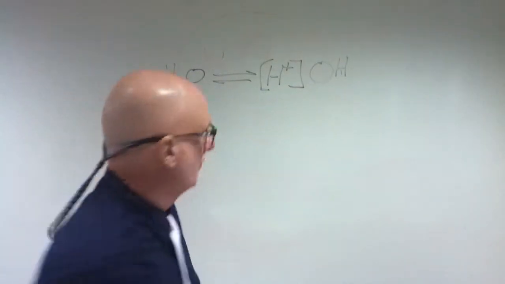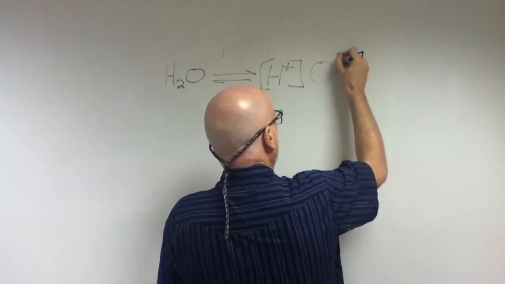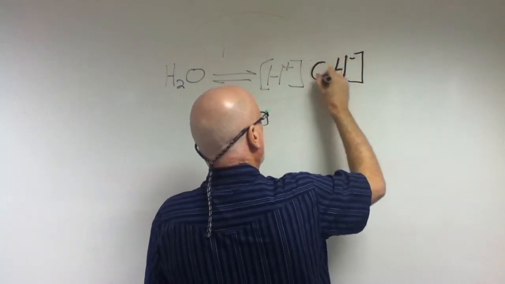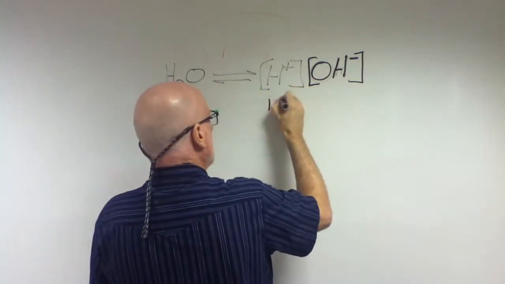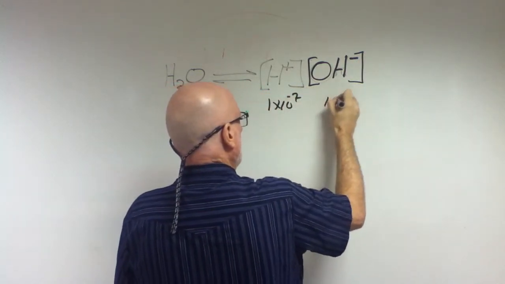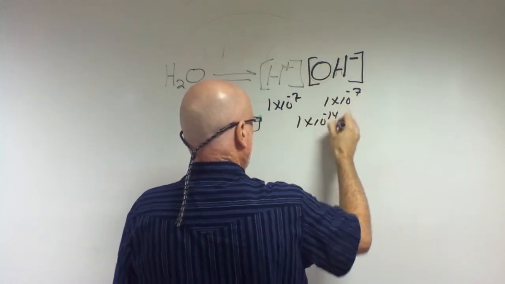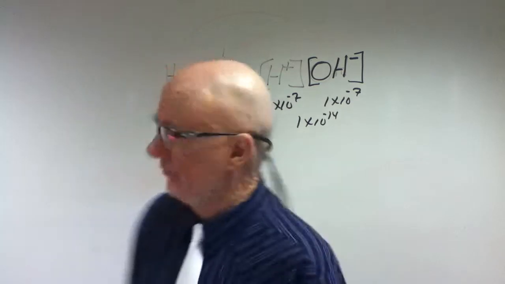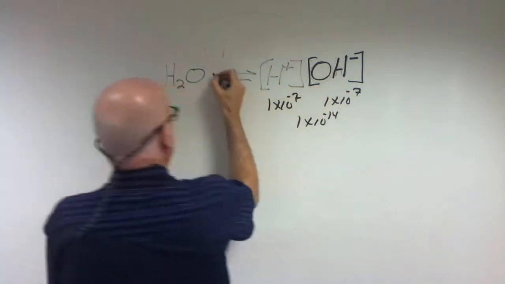These are not working. Oh, there you go. That's a good one. This is 1 times 10 to the negative 7, 1 times 10 to the negative 7, 1 times 10 to the negative 14. You all right with that? Is that okay? Can you see that? Shall I make this darker?